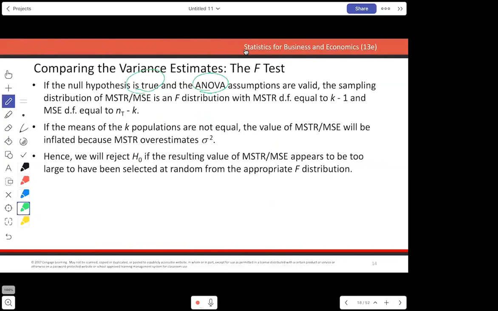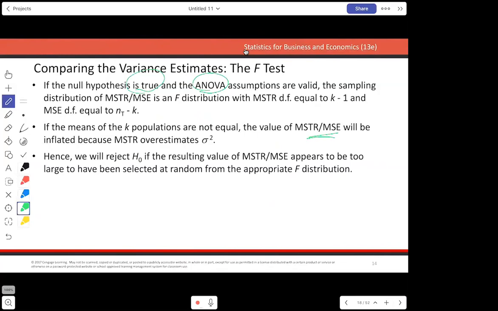If the means of the k populations are not equal, the value of MSTR over MSE will be inflated, will be overestimated, because MSTR will overestimate sigma squared. That means if they're far apart from each other, then it's going to overestimate sigma squared, and we'll have to reject the null hypothesis.